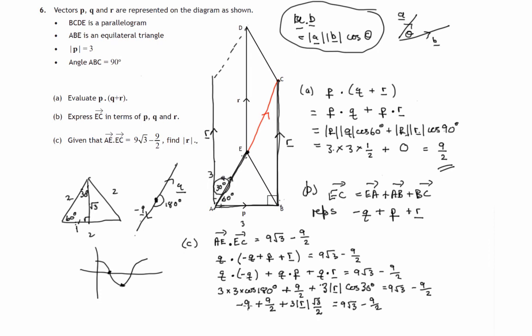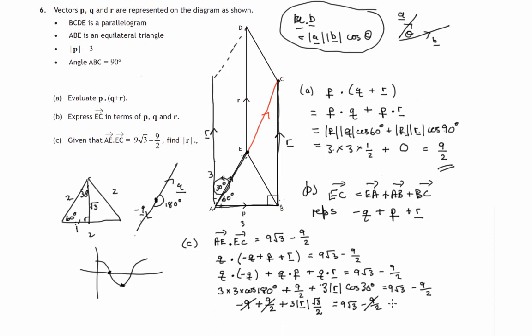Now negative 9 plus 4.5 is negative 4.5. But we have a negative 4.5 over on the right hand side here. So if we add 4.5 to both sides, these constants will disappear, and we're left with 3 times the magnitude of R times root 3 over 2 equals 9 root 3.